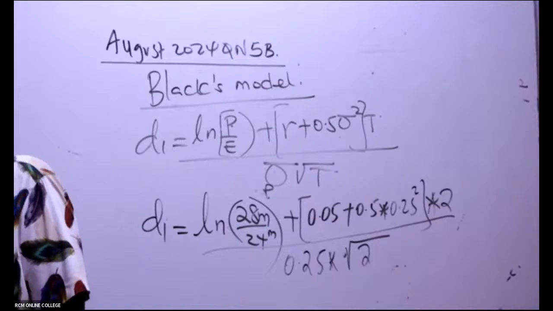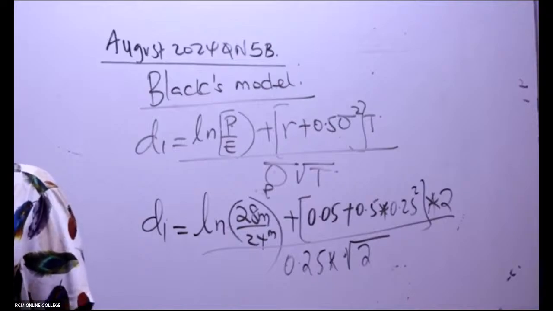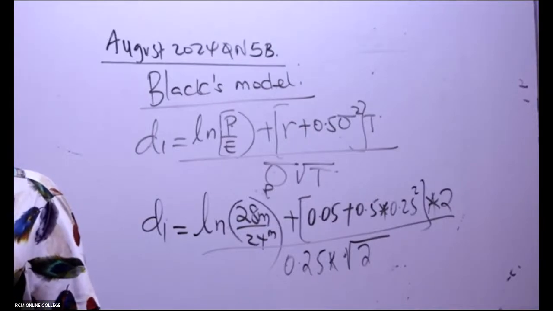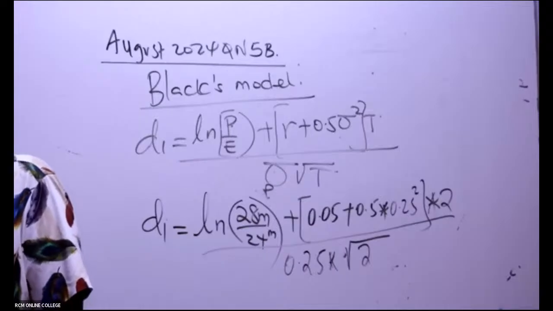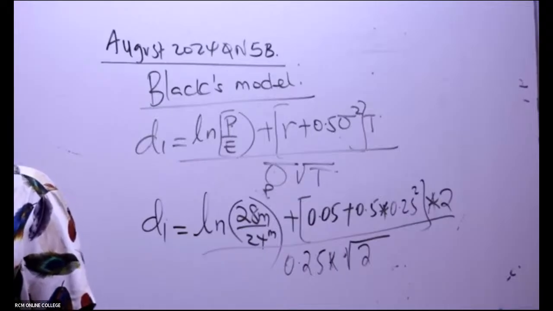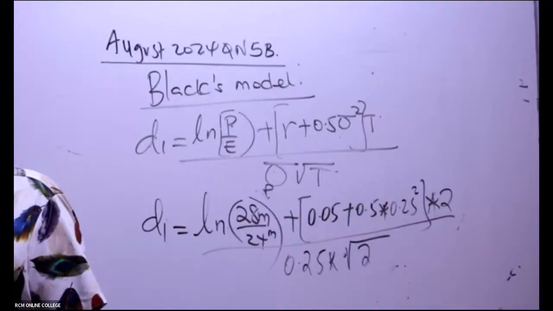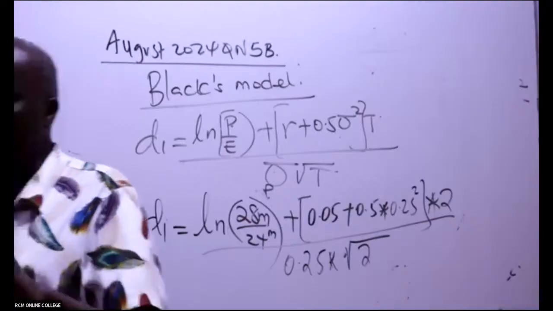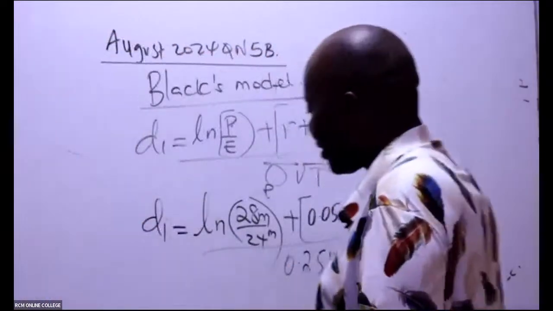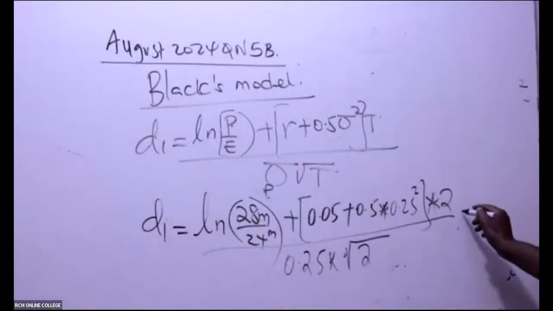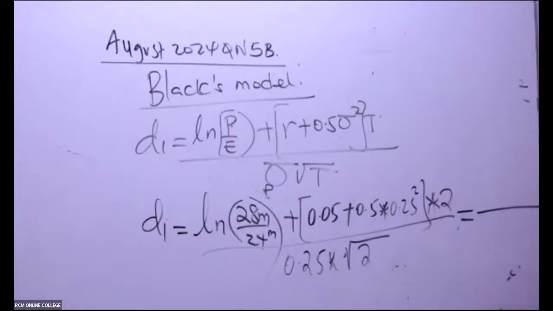You relax a little bit. It's not a jail area. I'm not time pressured in AFM. Plus, open brackets, 0.05 plus 0.5 times 0.25 squared, close brackets, times 2. Is there somebody who is able to give me one answer for the numerator here?